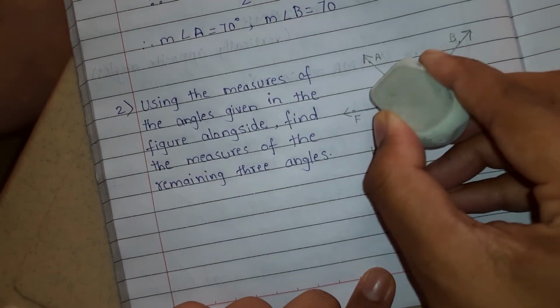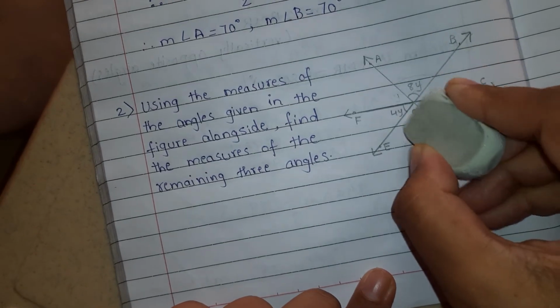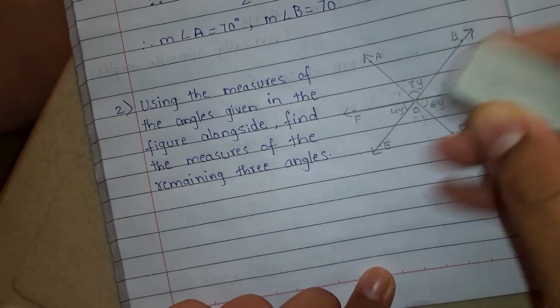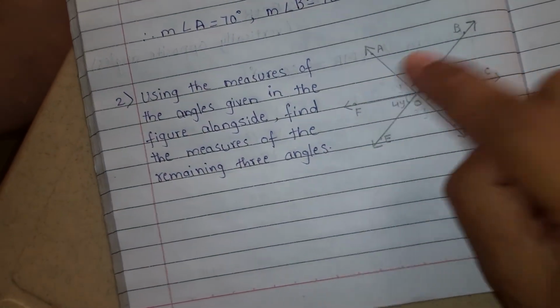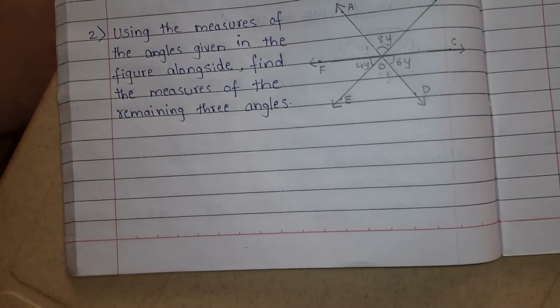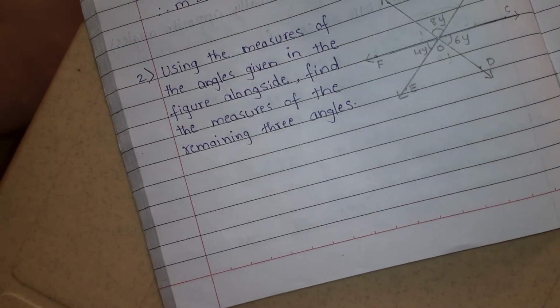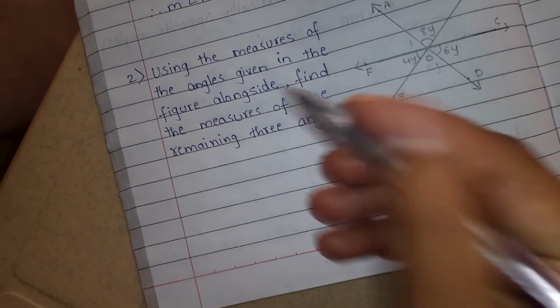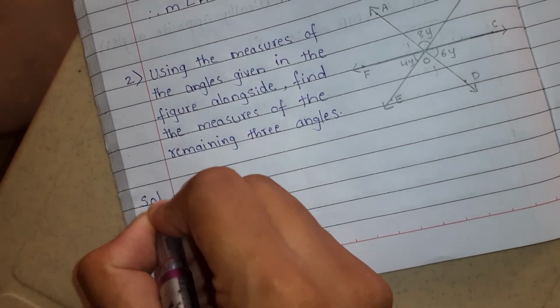So first we will write that this is 4y, this is 6y, and this is 8y. Okay, so let's begin. Solution.